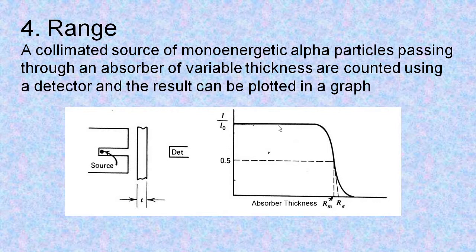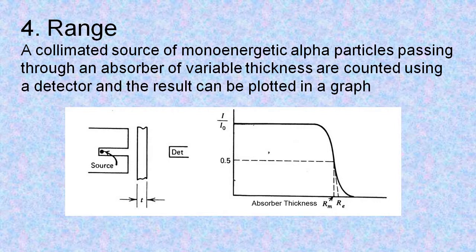Almost all particles are coming out of the detector and out of the absorber. After the thickness is greater than a particular value, say Rm, you can see that the ratio decreases, which means that some particles are stopped within the absorber.